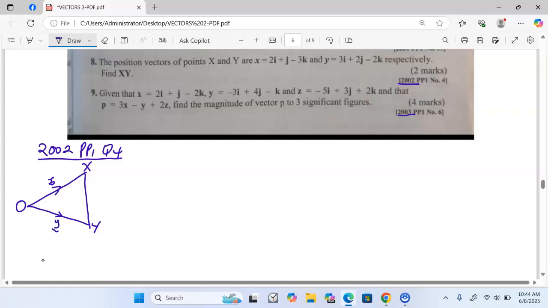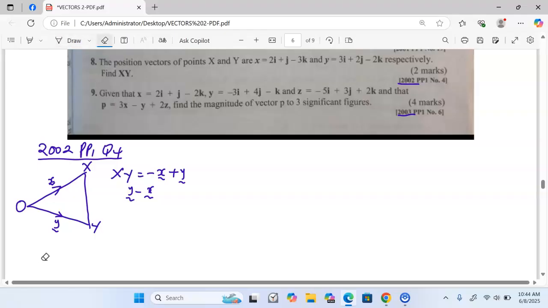In this case, to get xy, we are not going to go straight since we do not know the distance xy, so we have to go back to the origin. Then from the origin we go to y. Therefore XO becomes negative vector x, then OY becomes vector y. This is the same as taking vector y minus vector x.